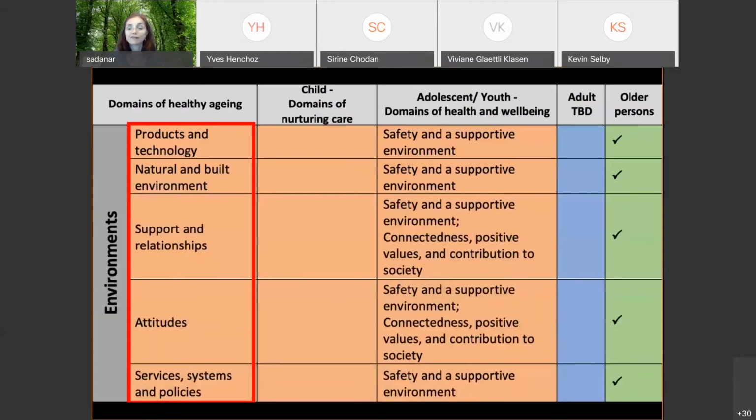We did the same for the environments. We tried to understand what information, how to cut up the environments. We came up with 5 domains related to products and technology, the natural and built environment, the support and relationships that individuals give, the attitudes that people have, but that these attitudes can then also influence the way policies and regulations, whether they're discriminatory or actually enabling, and then broader services and systems that support specifically older adults.